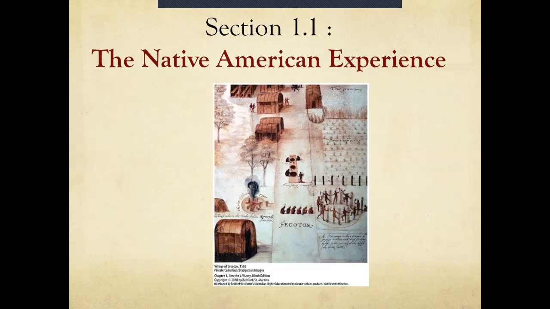And John White, because of his talent for artwork, is going to give the people of England a very, very strong indication of what life was like back in North America. So if we look closely, we've got some buildings that are here along a regular type of thoroughfare.